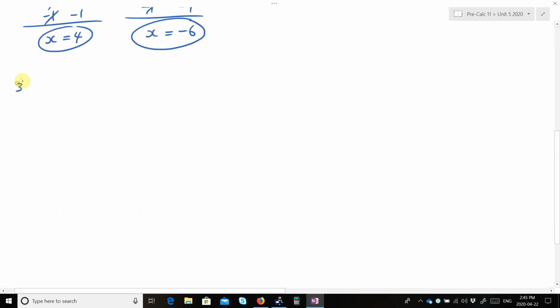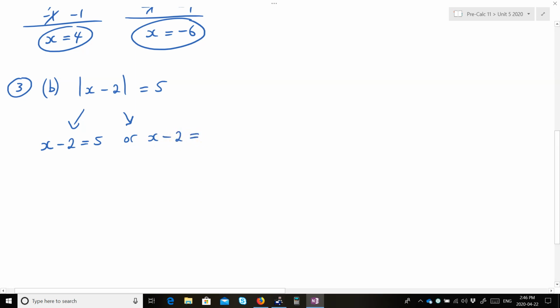Okay, so this takes us to number 3. Why don't we try B, D, F this time, just for fun. The absolute value of x minus 2 is equal to 5, so we get two equations. x minus 2 could equal 5, or the other equation, x minus 2 could equal negative 5.